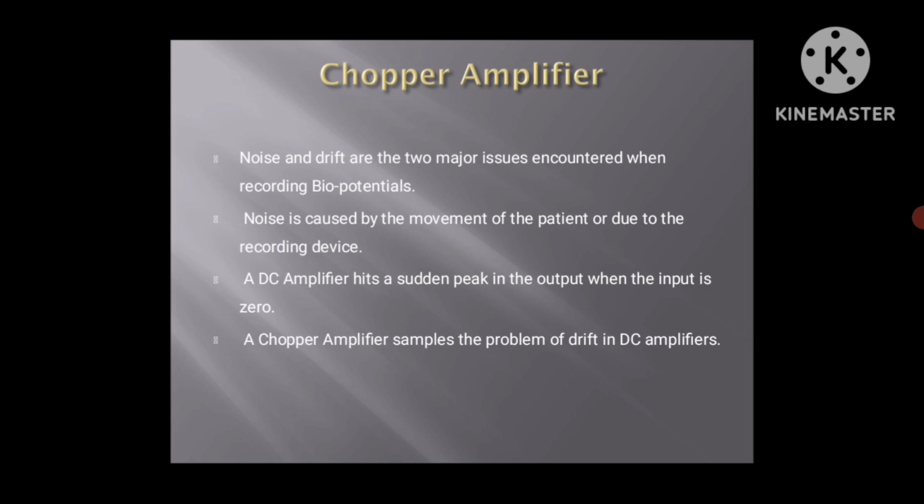These are the main problems when recording bioelectric signals. We have to avoid this to protect the human body from any damage. For that we use the chopper amplifier, which solves the problem of drift in DC amplifiers.